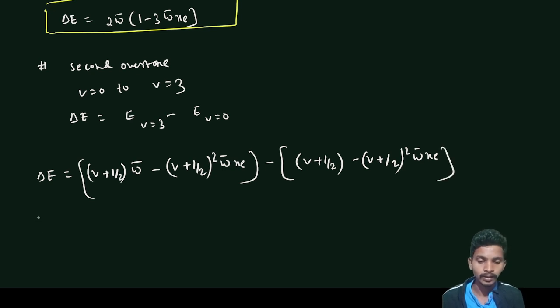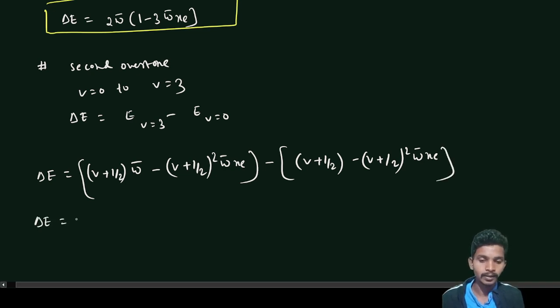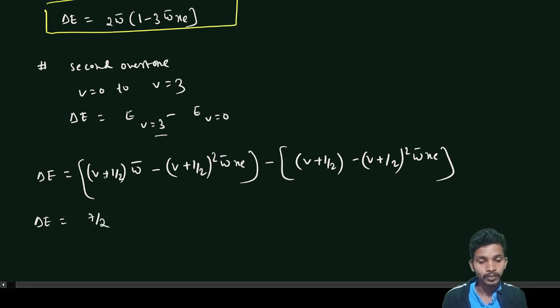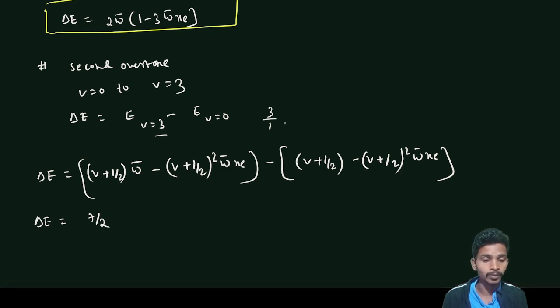Okay, so here if I put v equal to 3, this is 6 upon 2 plus 1 by 2, that's 7 upon 2.